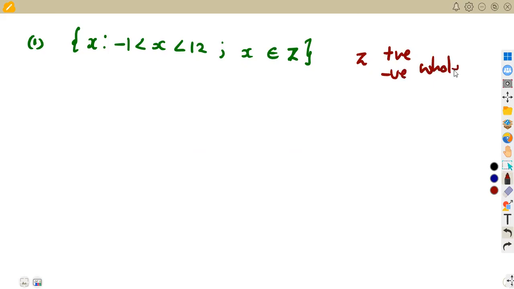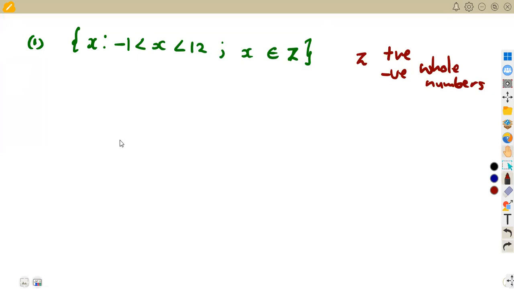And as long as you're talking about positive or negative whole numbers, it means the 0 is also involved.